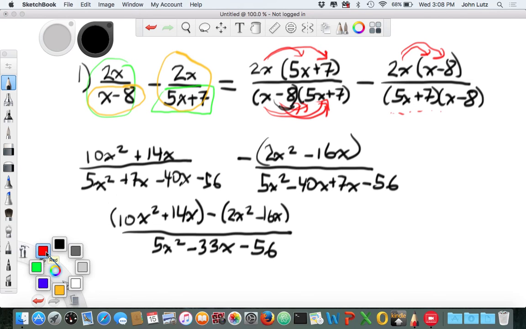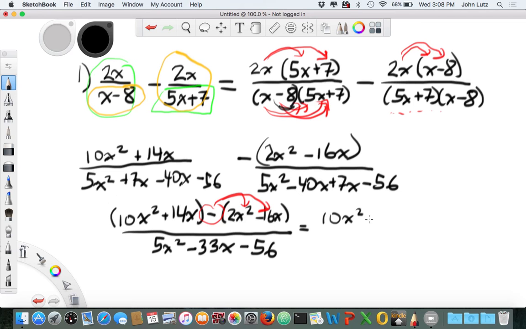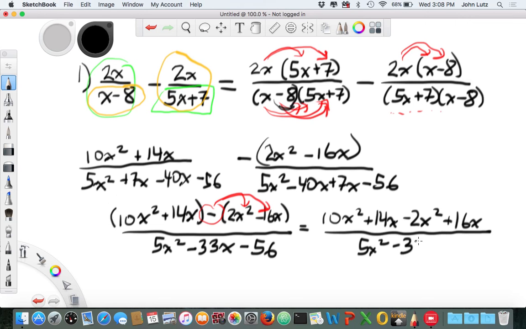Remember, with subtraction, you've got to take that minus and distribute it here and here. Okay? So you're going to end up with, we're going to drop the parentheses, 10x squared plus 14x. And when we drop the parentheses, we're going to distribute that minus. Minus 2x squared plus 16x all over 5x squared minus 33x minus 56.